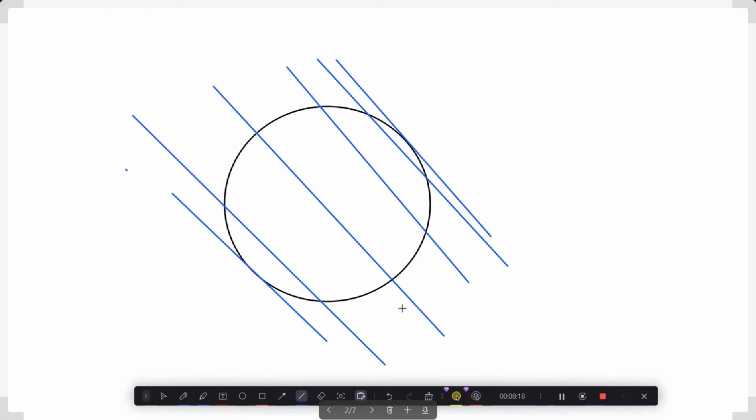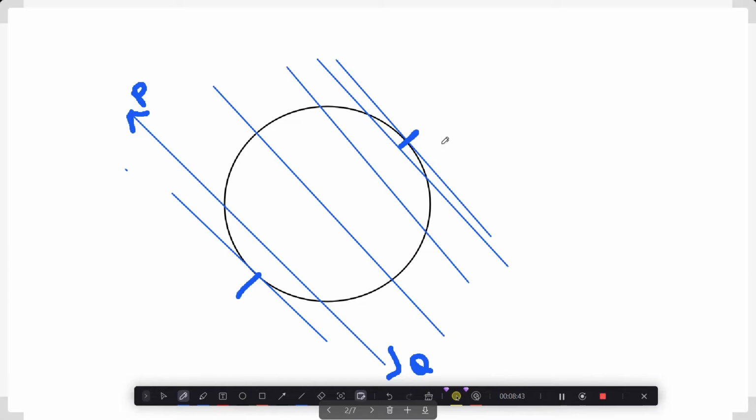So the next activity that we are doing is that we have considered a line PQ and we have moved it in parallel directions. If we keep moving it, we can see that it is forming a tangent at 2 points.